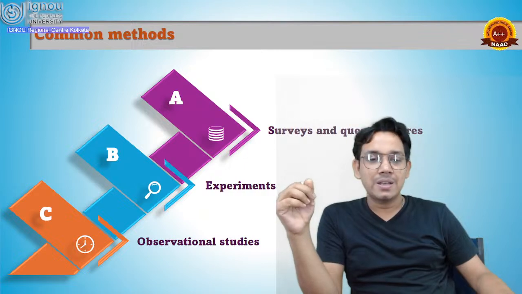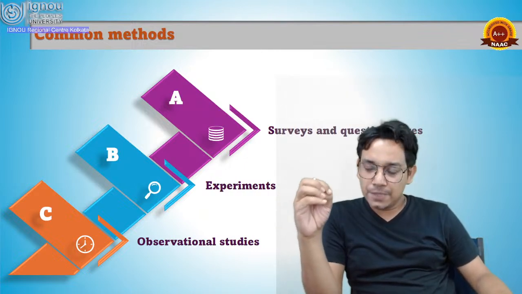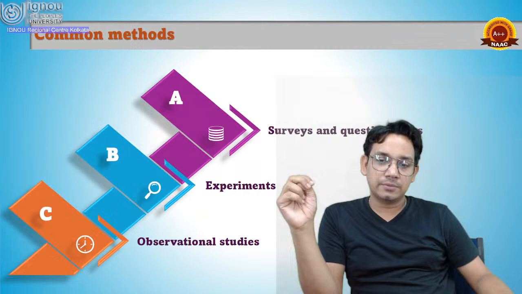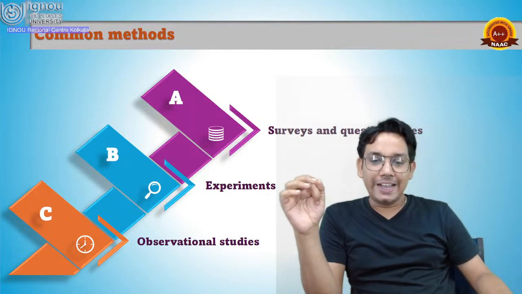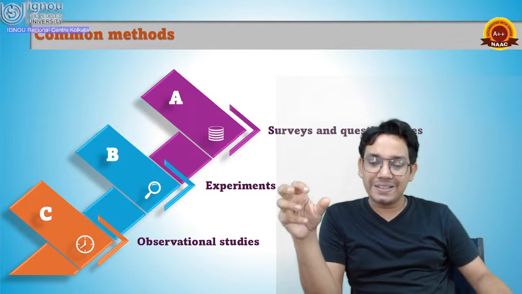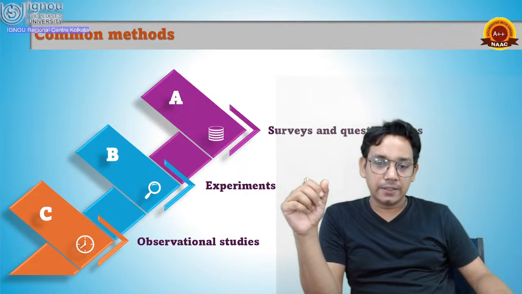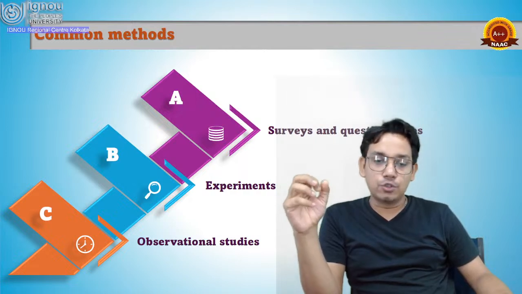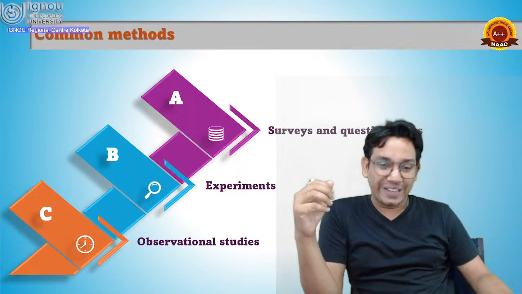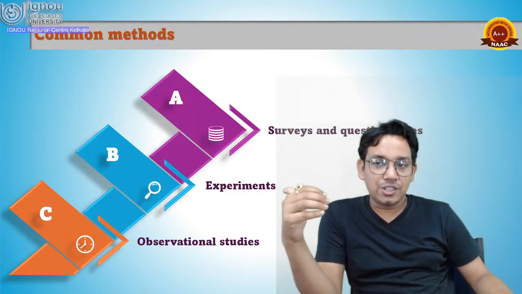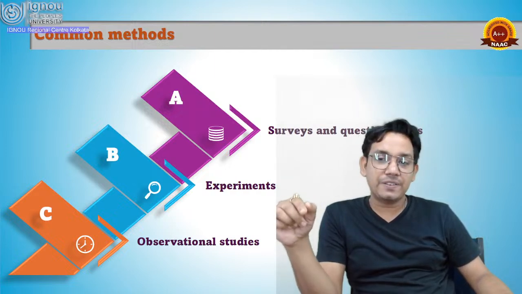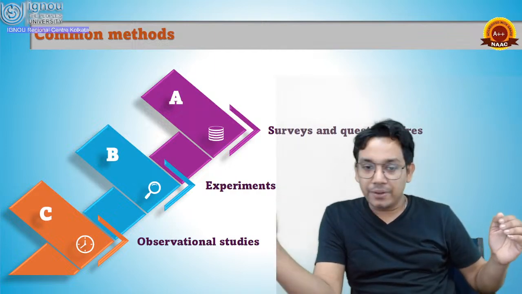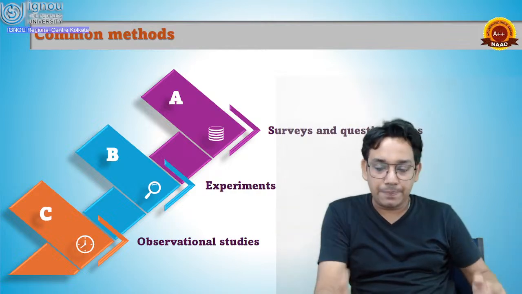Another important method is the experimental method. You know that the experimental method is a lab-based method. Through an experiment we can study issues in a specific setup, a specific laboratory or specific social setups.